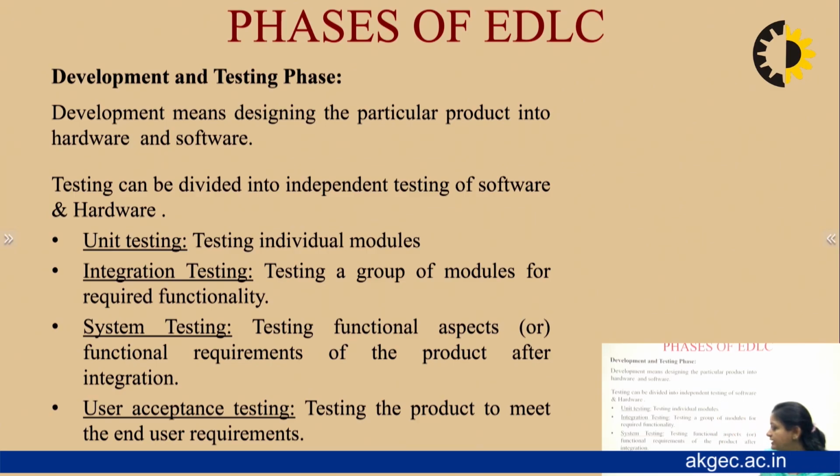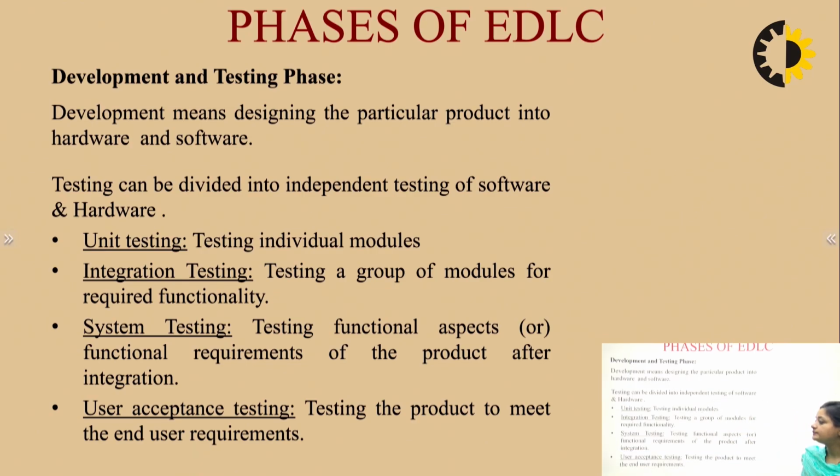The types of testing are, first, unit testing. Unit testing means checking the individual modules which you have created. Then we have integration testing. Integration means clubbing some units to make a group. So testing a group of modules for required functionality is called integration testing. Then we have system testing: testing the functional aspects or functional requirements of the product after integration.